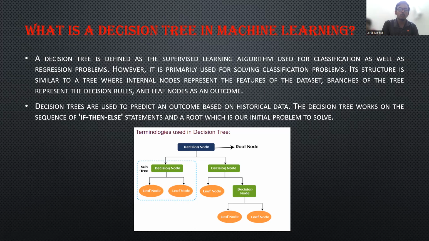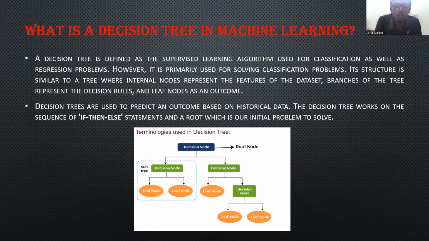Decision trees are used to predict an outcome based on historical data. The decision tree works on a sequence of if-then-else statements, starting with the root, which is our initial problem to solve.